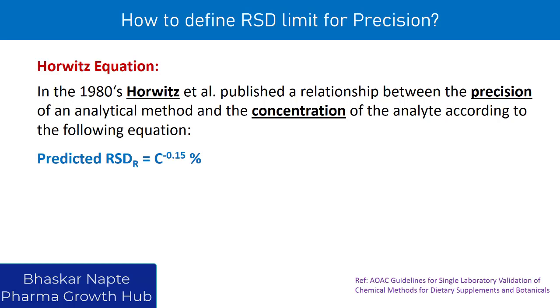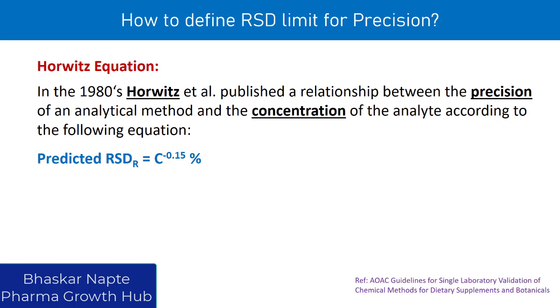The predicted RSD is equal to 2 C raised to minus 0.15. So whatever value that you are going to get, that is in terms of the percent.